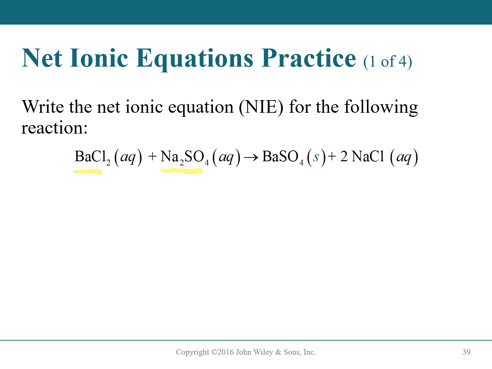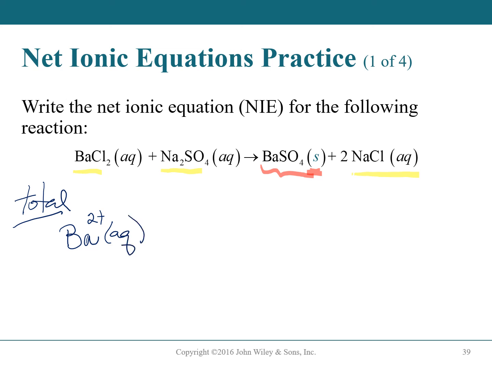This one is a solid, so we just copy it. And then finally, this one, sodium chloride, is a salt, soluble, so we take it apart because it's a strong electrolyte. So now when we go through and write the total ionic, let's write the total first. You have your barium.